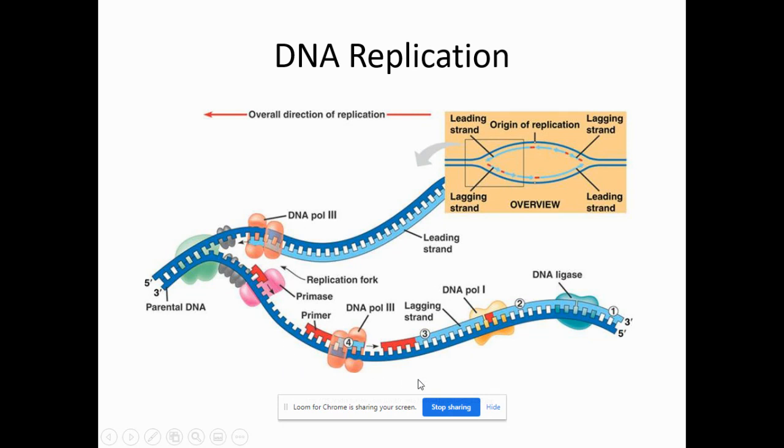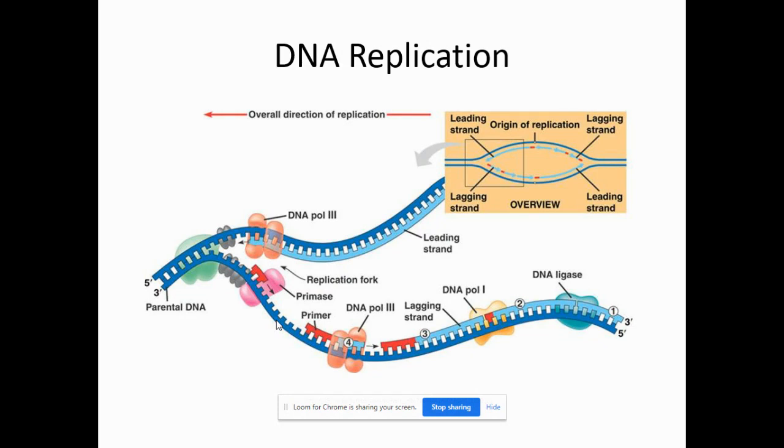So how does that happen? How does DNA replication occur on the lagging strand? Well, it occurs discontinuously. On the leading strand, the daughter strand is made continuously, but on the lagging strand, it's made in fragments.